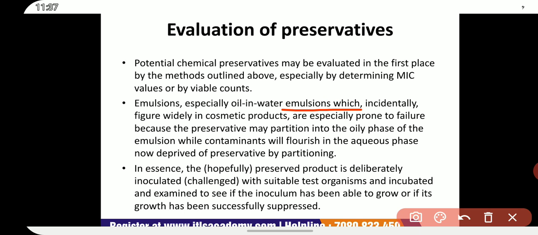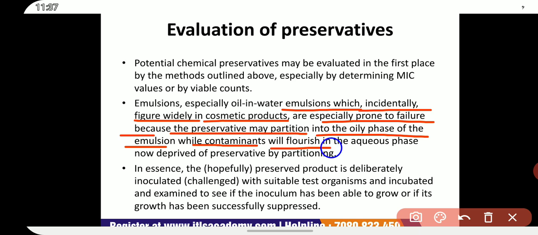Emulsions, which incidentally figure widely in cosmetic products, are especially prone to failure because the preservatives may partition into the oily phase of the emulsion while contaminants will flourish in the aqueous phase, now deprived of preservative by partitioning.